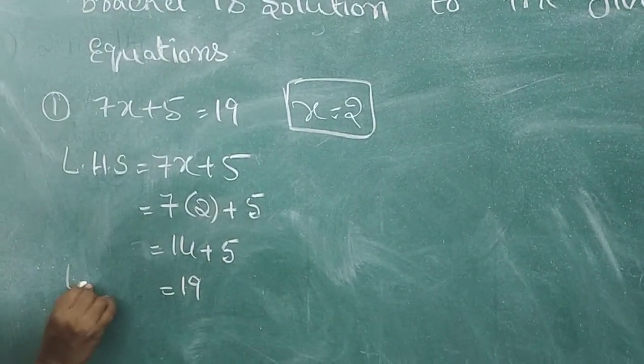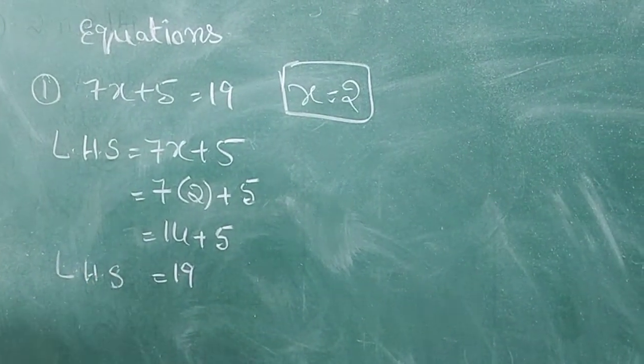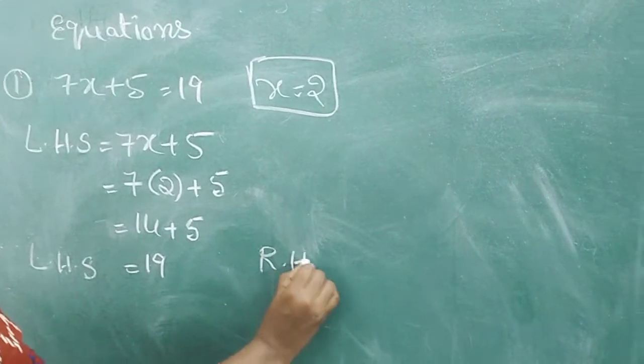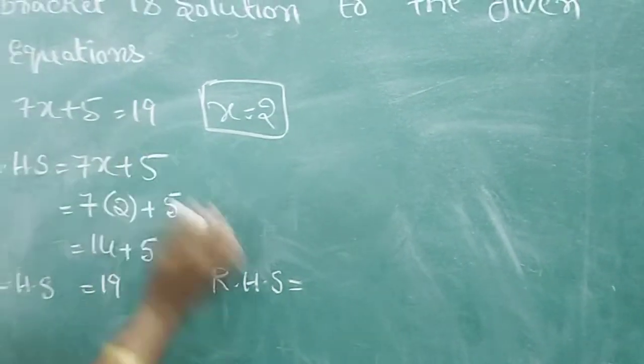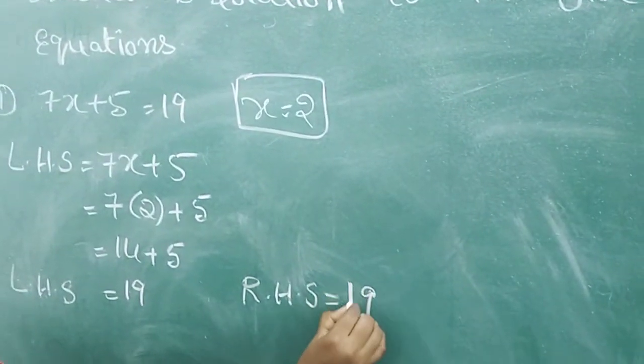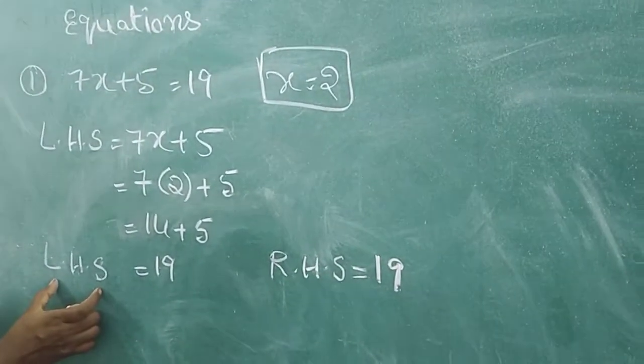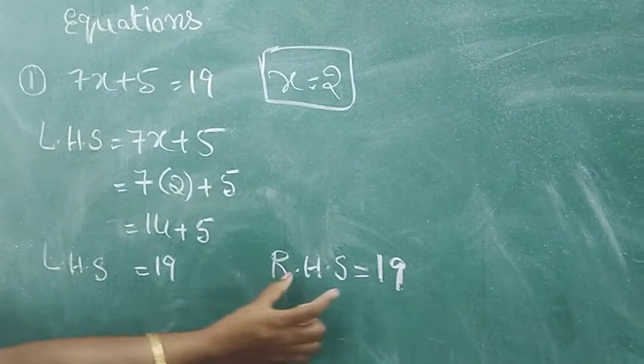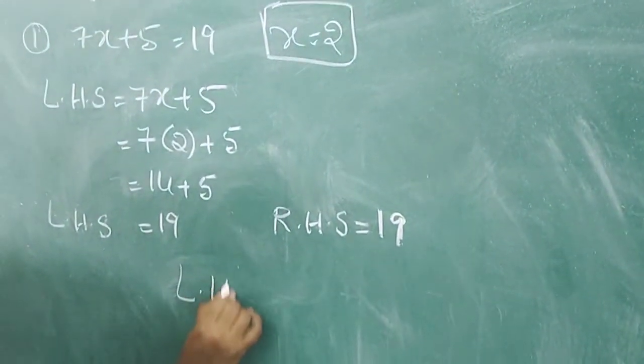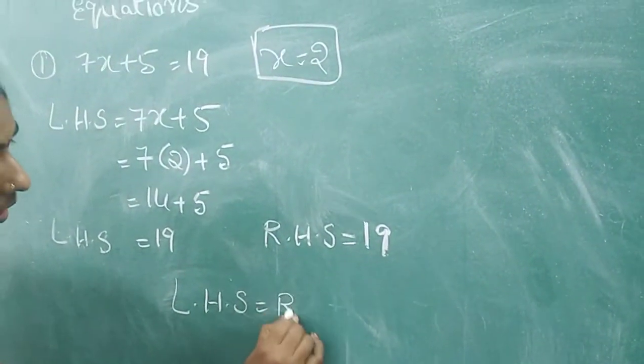LHS is equal 19, RHS is equal 19. So the value of LHS is equal RHS.